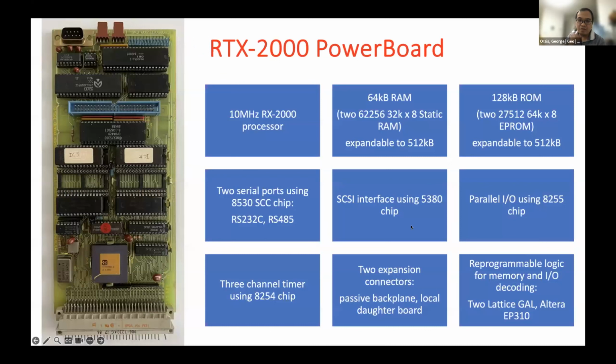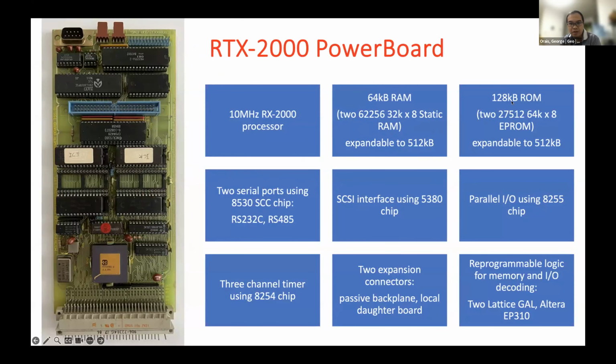My board is actually from MPE. It's called the RTX 2000 power board. From the left side, here's the RTX processor. Then it has 64 kilobytes of RAM, composed of two static RAMs, and it's expandable to 512, as well as the ROM.